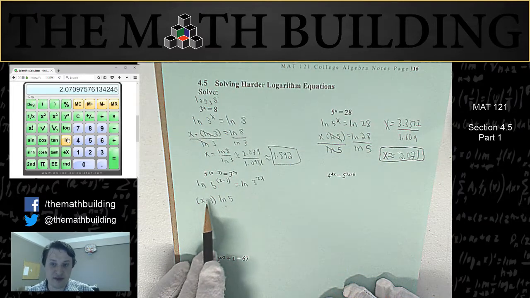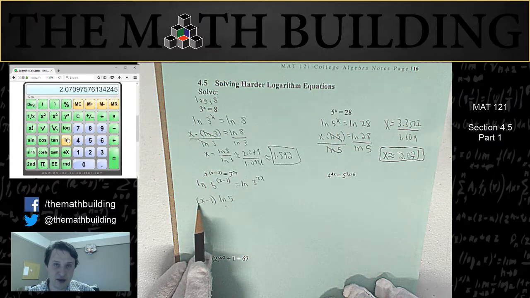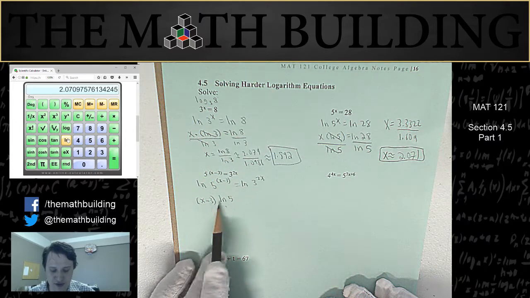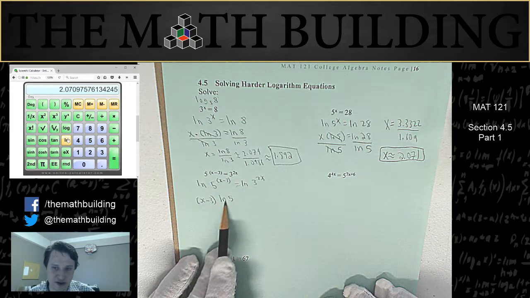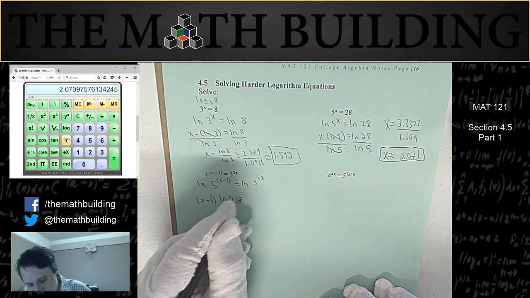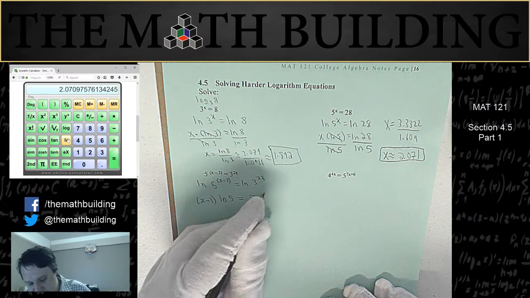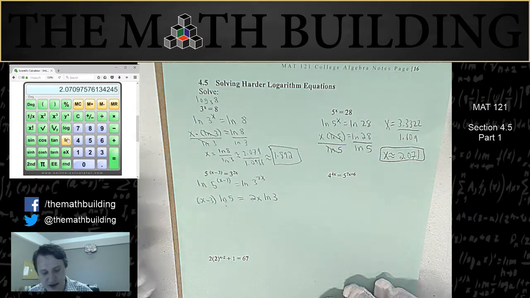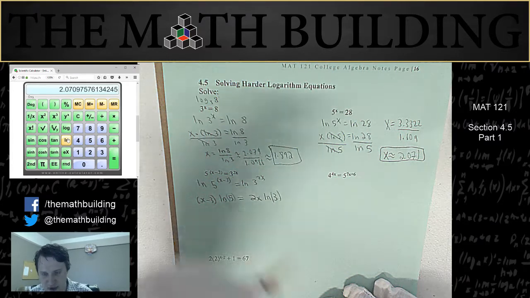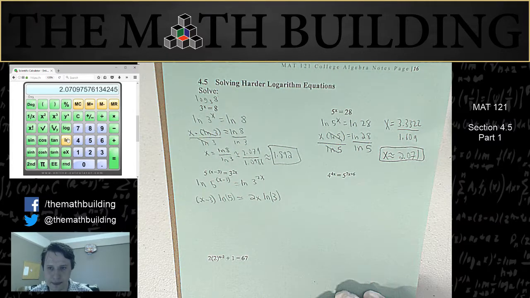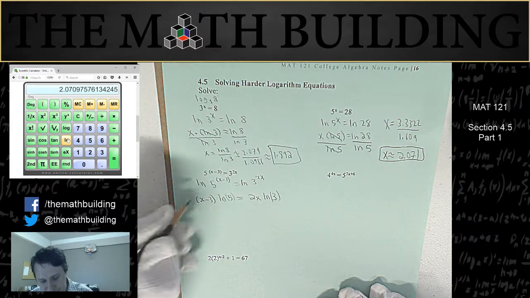It needs to stay in parentheses when you bring it down here. Don't drop these parentheses, because then it's just negative 3 times this, but the x also needs to be multiplied by this. Here we've got 2x natural log of 3. Now I'm being a little sloppy maybe by not putting these parentheses in, so if you're having difficulty, maybe you should do that.